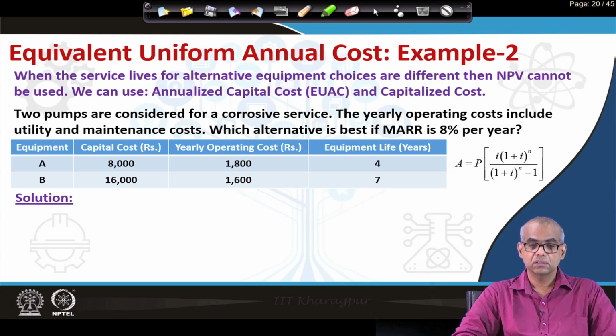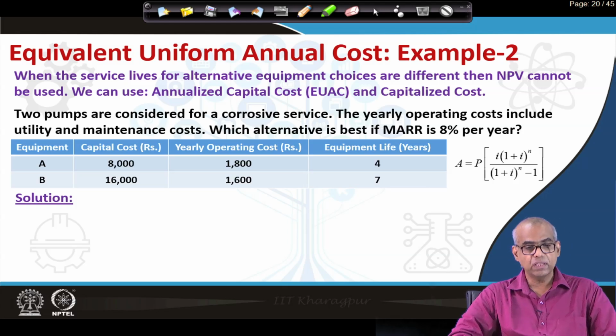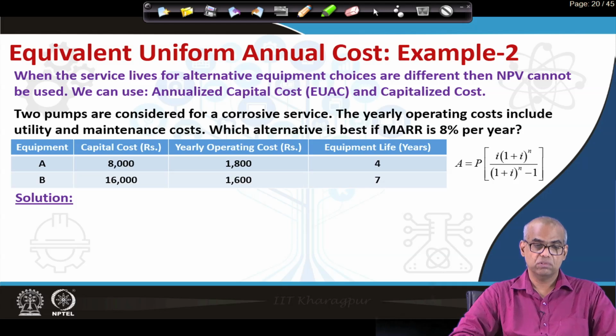Now, let us look at another example where you have to compare equipments with different service lives. When the service lives for alternative equipment choices are different, then NPV cannot be used. We can use annualized capital cost, equivalent uniform annual cost and capitalized cost.